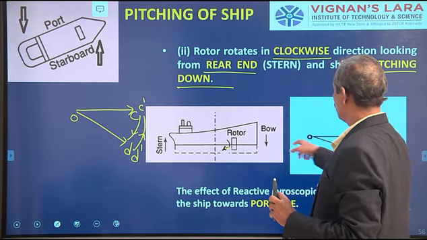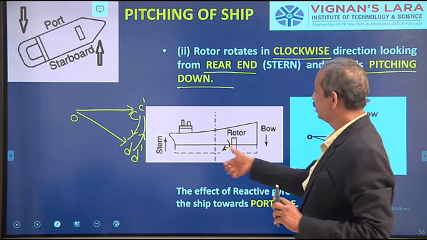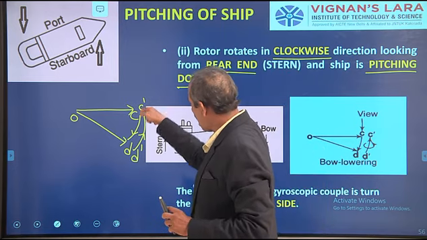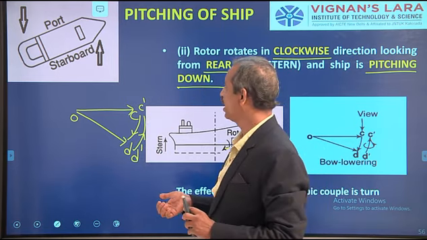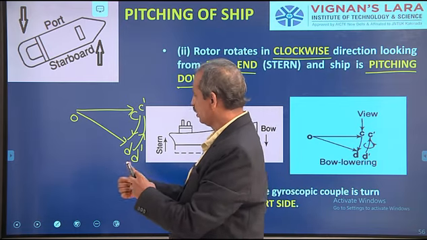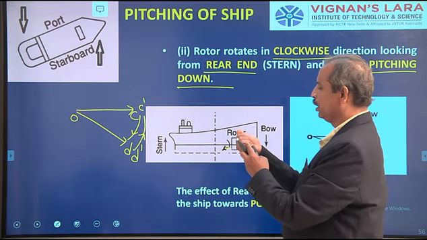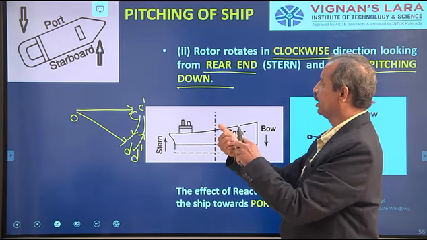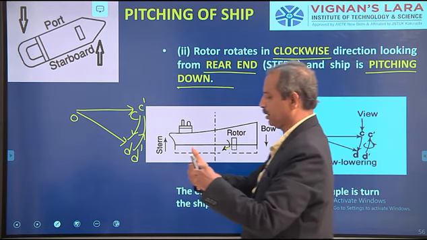Bow is lowering, and this is the applied couple, then this is the reactive couple. This reactive couple, this is up direction, then it looks like moving in the anti-clockwise direction.